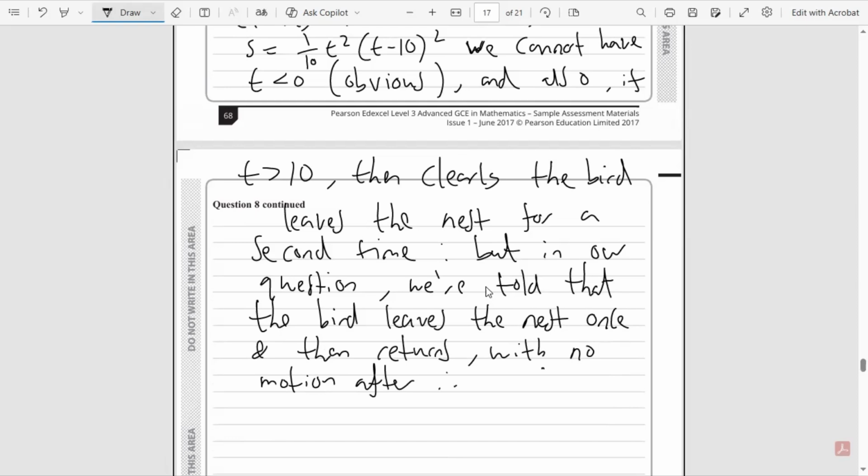So therefore, t must clearly be between 0 and 10 for this question. Hopefully that does make sense. If you explain your answer relatively similarly to how I've done that there, then you'll be fine for this question.